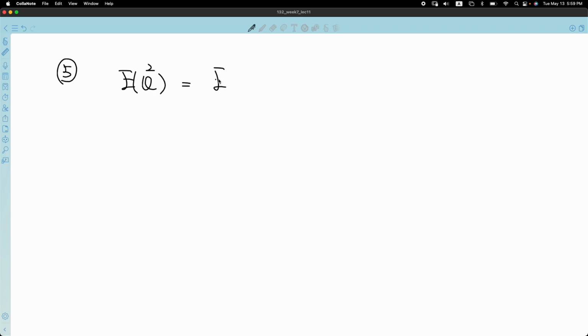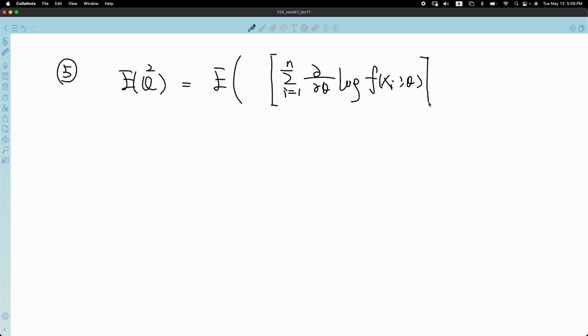This is equal to the expectation of the sum from 1 to n of the individual scores, the score function of x_i and theta, and we are interested in the second moment, so everything here is squared inside the expectation.